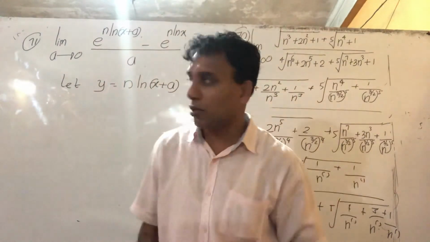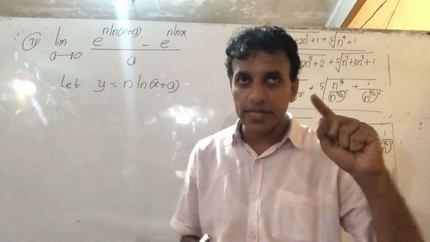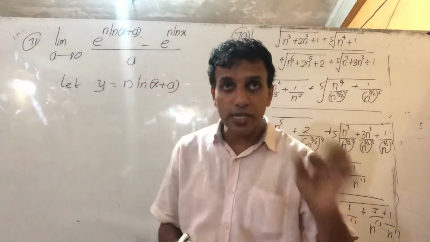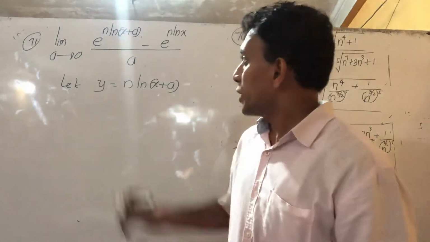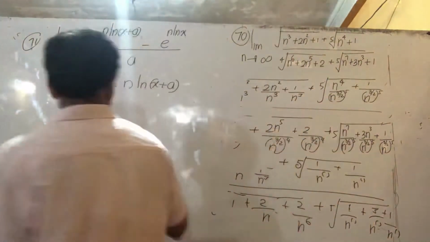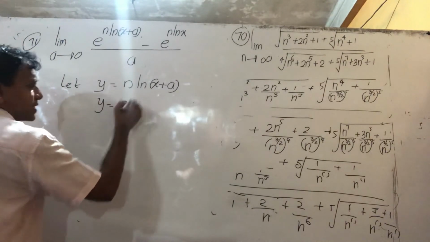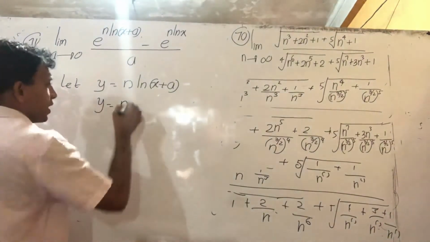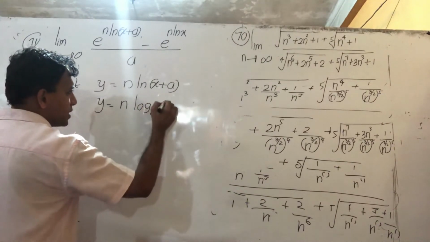That is applicable, not straightforwardly, because for e we have a series, e to the power x, and for logarithm we have a series, and we have graphs for logarithm, log x graphs. So I took that as y, right? Or we can write this one, y equals, what does ln mean? The base is e, right?